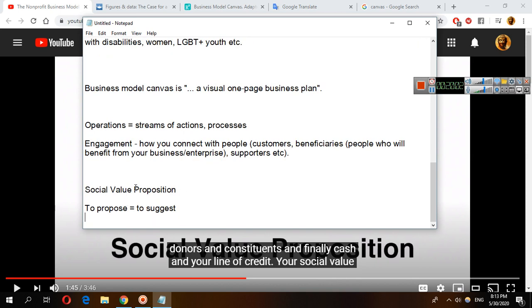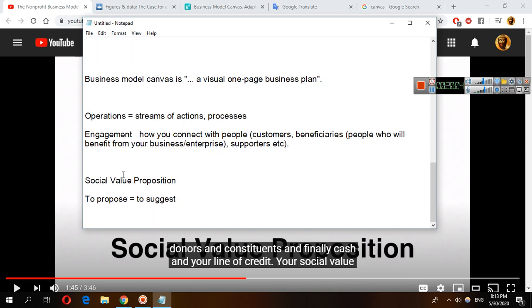Well, value, we know the word value. Let's try and paraphrase that. Value. Let's think.